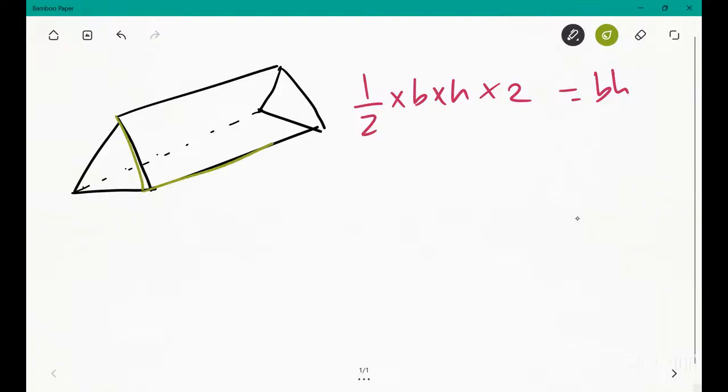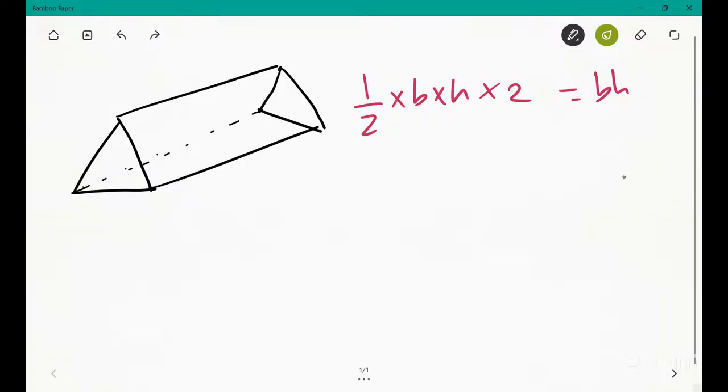Then you have the area of the rectangles. Rectangles can sometimes be a little tricky, because the length, this long part, is going to be the same for all three. What can change is this side. You know the types of triangles: isosceles, scalene, and equilateral. If it's a scalene triangle, all three sides will have different lengths. If it's an equilateral triangle, you're completely safe, all have the same length.